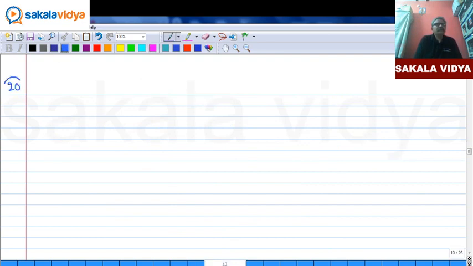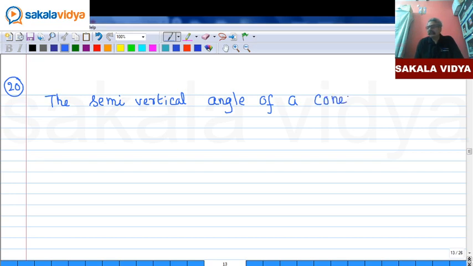So 20. The semi vertical angle of a cone is 45 degrees.